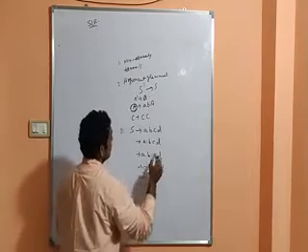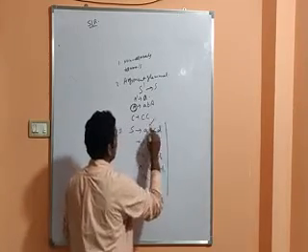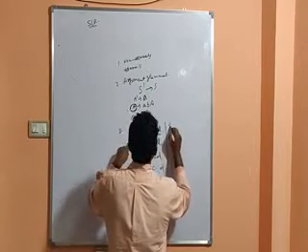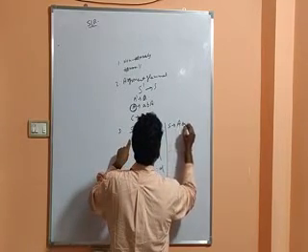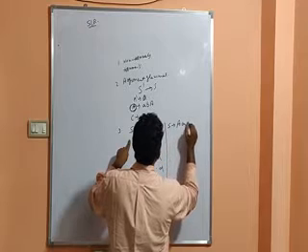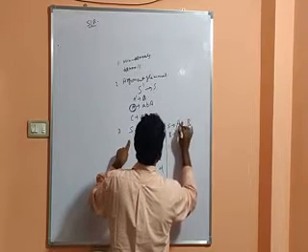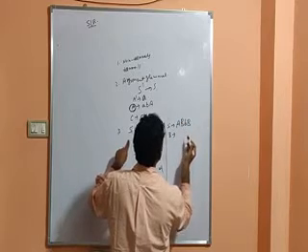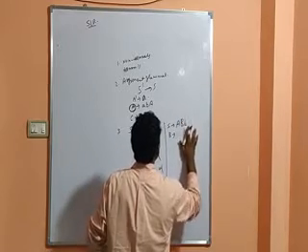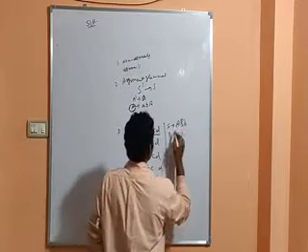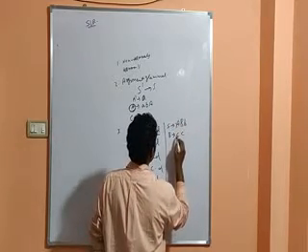Here this is one case, where all are terminals. If you have a case like S tends to capital A, small a, capital B, and B tends to capital A, capital B, small b, and capital B tends to C C. Now what if I want to perform a dot operation here?